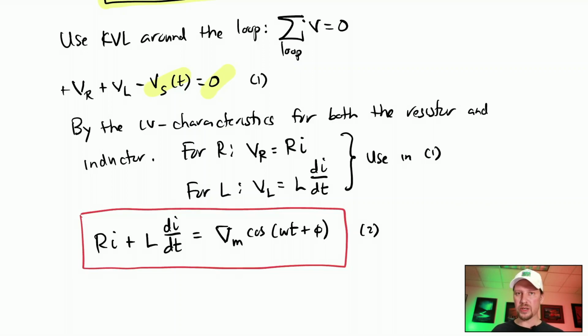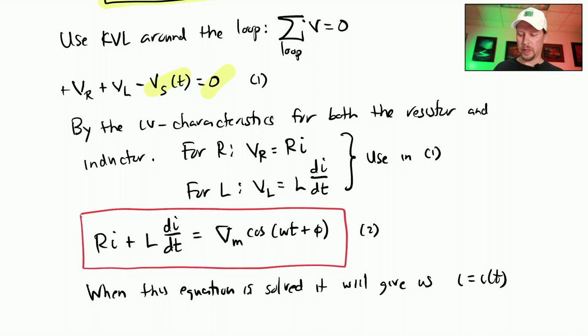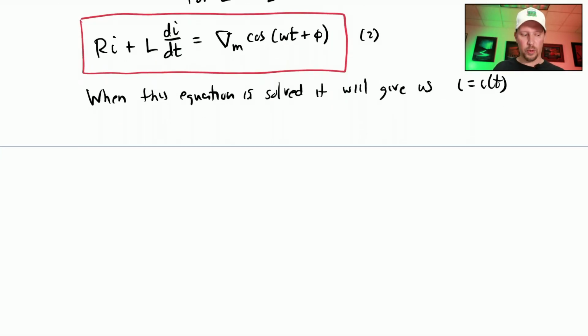And this equation itself, when it is solved, will give us how the current in the circuit changes as a function of time for all time, right? So it's a very important equation.